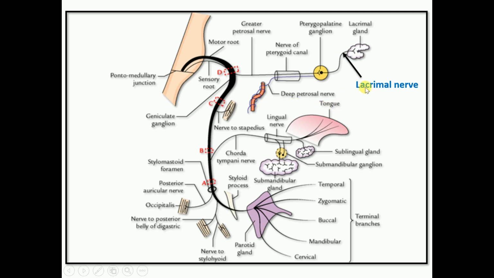The lacrimal nerve is a branch of the ophthalmic division of the trigeminal nerve. So communicating via the zygomaticotemporal nerve, finally this lacrimal nerve relays the secretomotor fiber to the lacrimal gland, which finally secretes the lacrimal fluid, or tear. So the postganglionic fiber is carried via the lacrimal nerve.